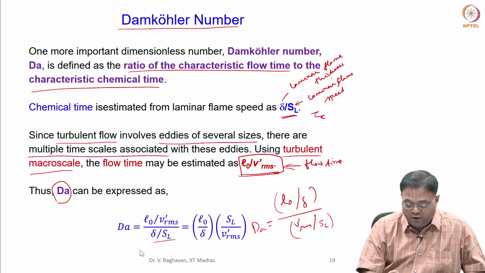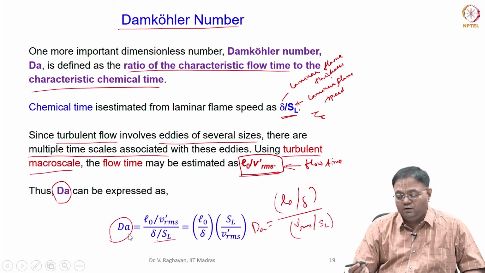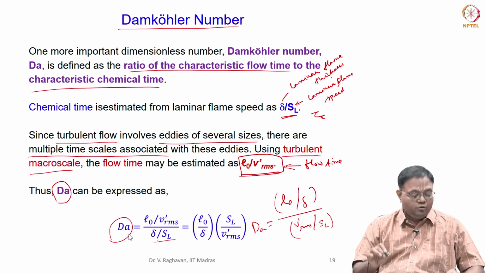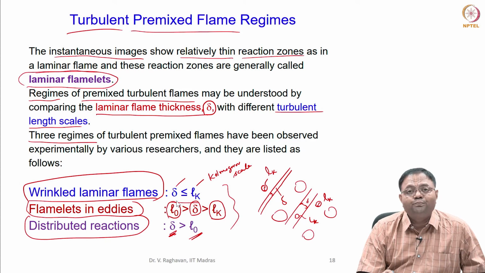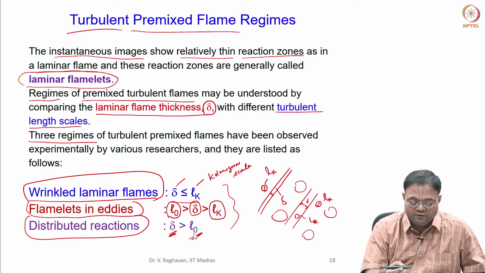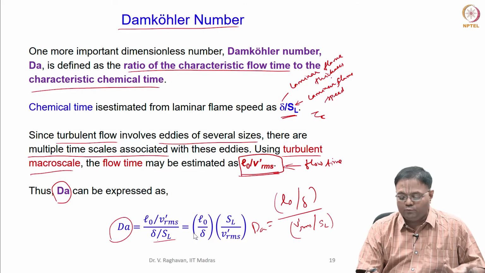So, based upon the value of the Damkohler number, we can define the regimes. In the previous slide, based upon the comparison between the laminar flame thickness and the length scales, the regimes were defined. Now, the same thing can be done with the value of Damkohler number also.